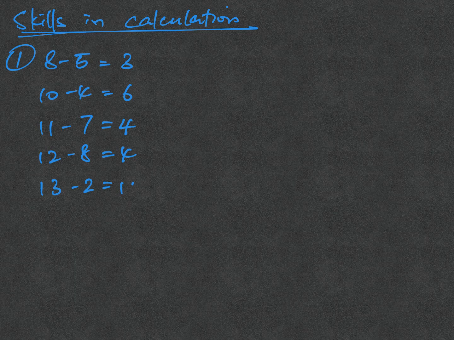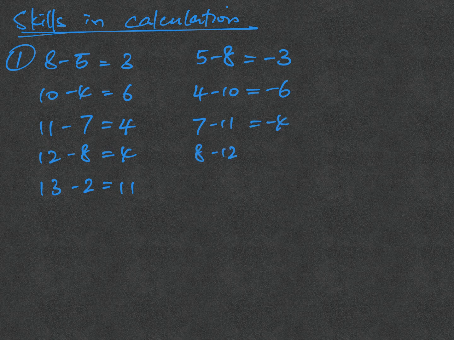And we observe that 5 minus 8 will be equal to negative 3. 4 minus 10 will be equal to negative 6. 7 minus 11 is negative 4. 8 minus 12 equal to negative 4. And lastly, 2 minus 13 is negative 11.